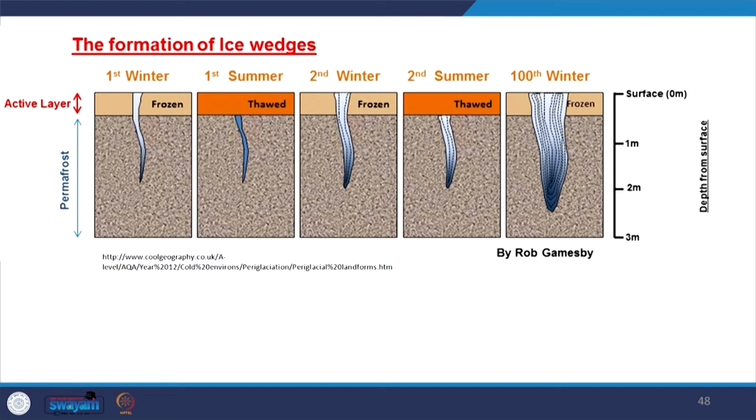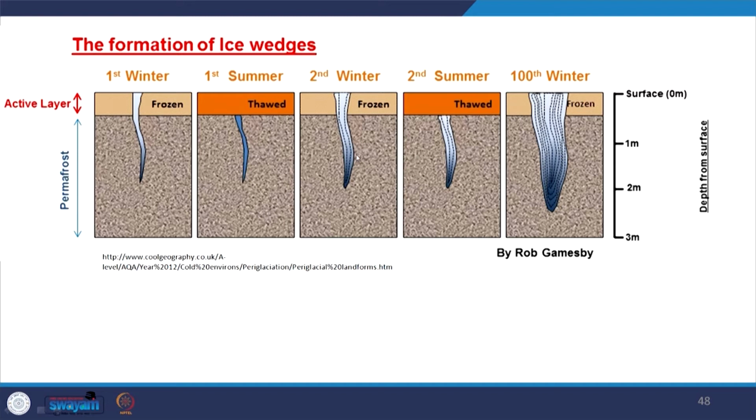Now, see the formation of ice wedges; different stages are given. In the first winter, the crack is filled with ice, and in the first summer the ice is melting, and finally it is filled with water. Now, in the second winter again it will be filled with ice, so there is a boundary between the first ice and the second ice.